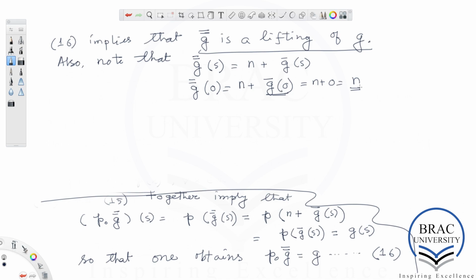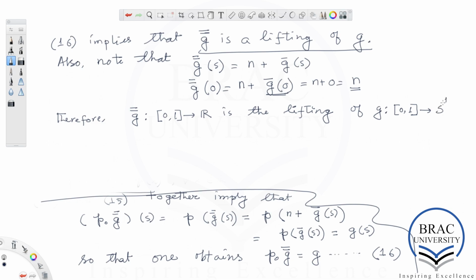Okay, so let me write it. Therefore, G double bar, which is a map from 0, 1 to the set of real numbers, is the lifting of the map G, or the loop in the unit circle S1.